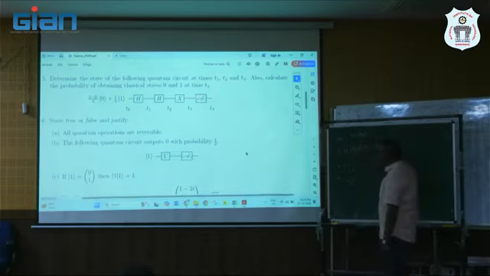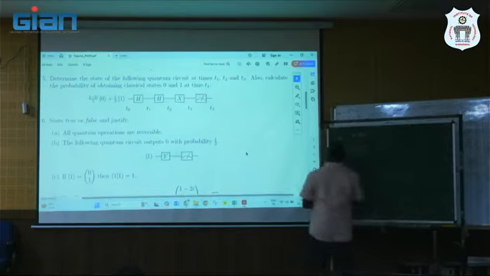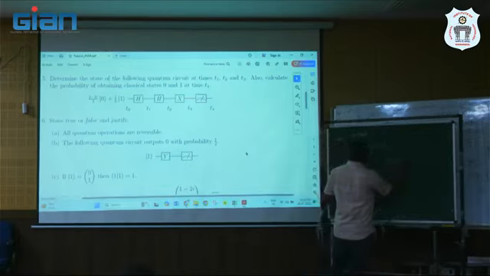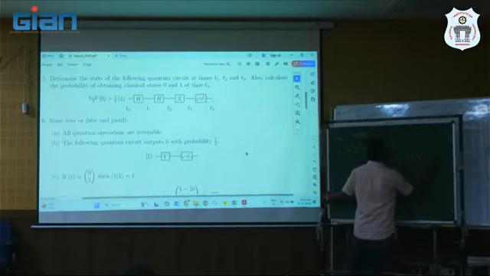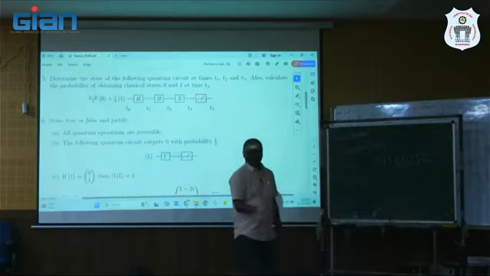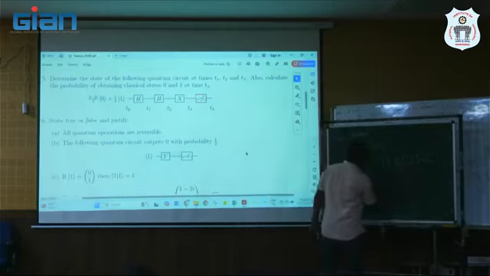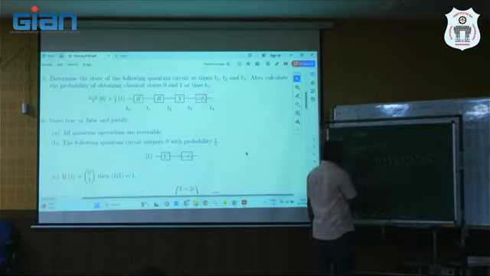So multiply, then what do we get? 0 1 1 0, 1 by root 2 1 1 1 minus 1, 1 by root 2 1 1 1 minus 1, whatever value. Anyone has completed, you can tell me. What is the answer?